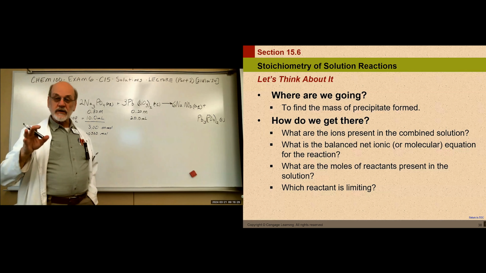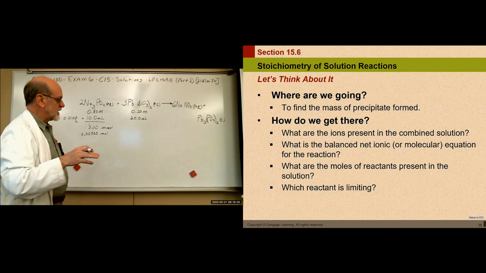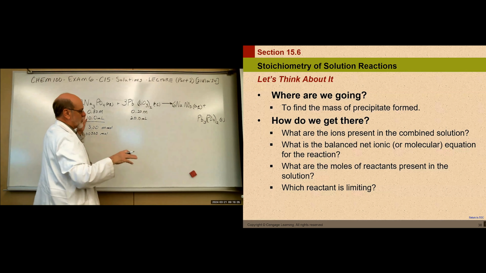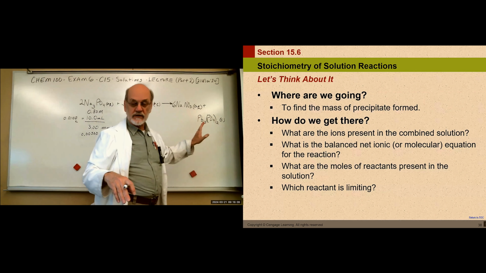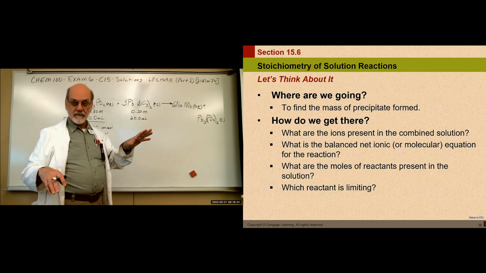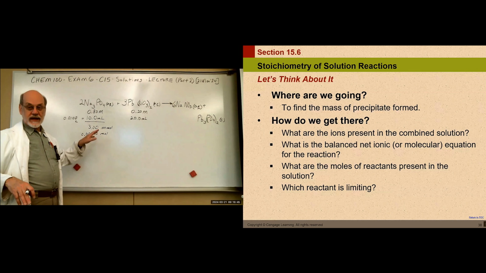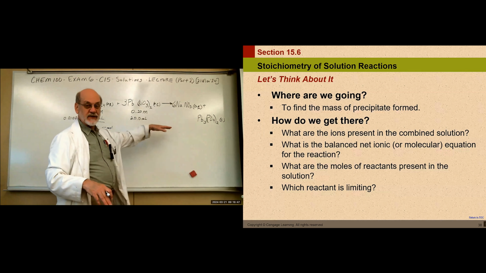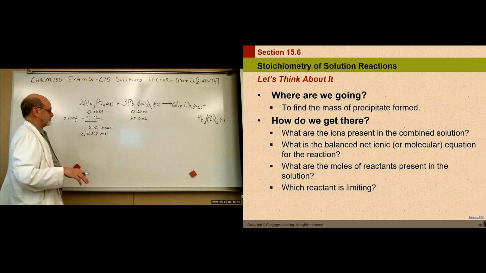So we are going to need moles. The reason is that we have to know the number of moles of the product in order to convert it to mass. Now, millimoles will be more convenient for calculations and finding out which one is limiting, but eventually we're going to need to know moles.